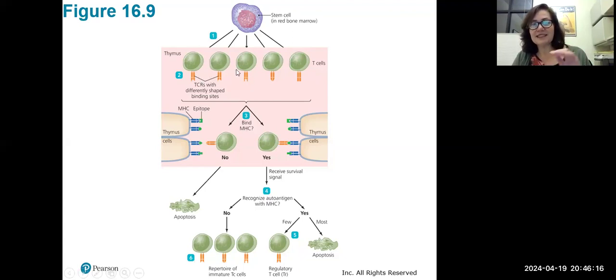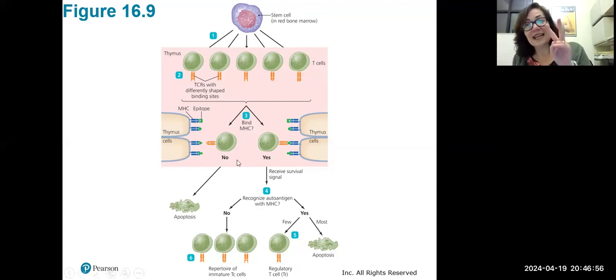Like some of these T cells that are being made, they are supposed to go up to those major histocompatibility proteins, and they should be able to bind to them, right? If they can't find the platforms, if they can't find the very thing where the cells are all going to be presenting their stuff, then they're worthless. And so if a T cell cannot bind to this major histocompatibility protein, then it's just killed off. It's like, no, we do not need copies of you because you're no good to us.